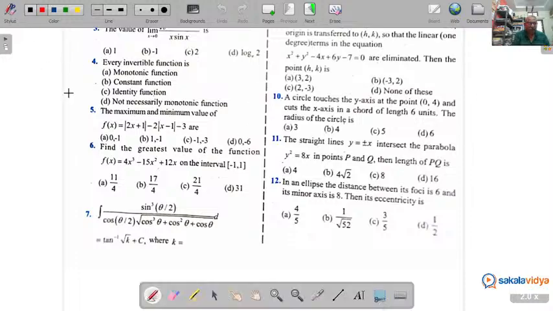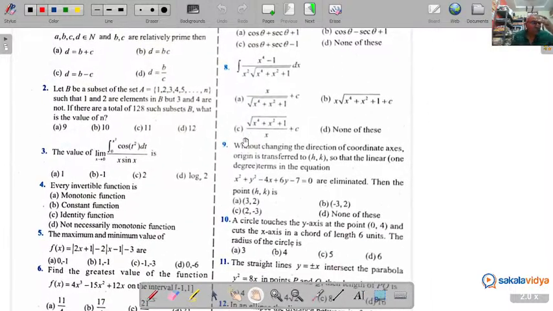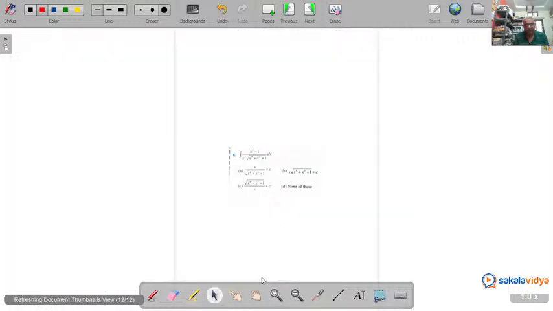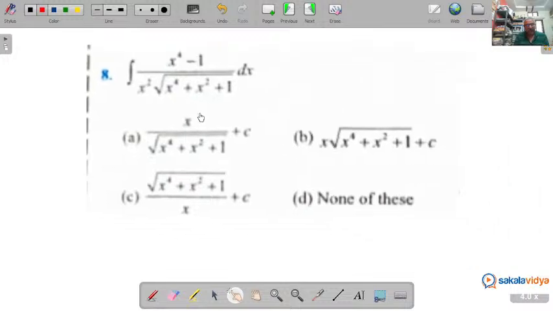Okay, let us move to the next question, the 8th question. Now this is also an integration question.